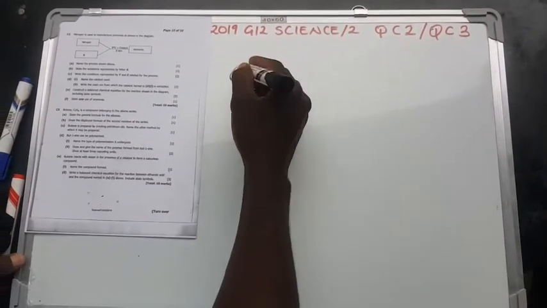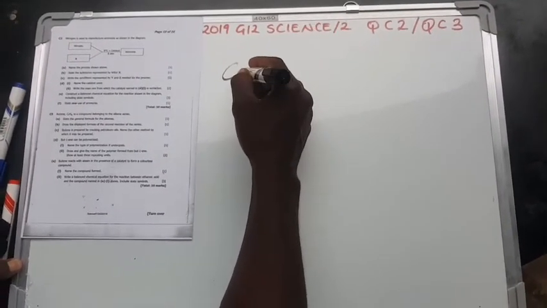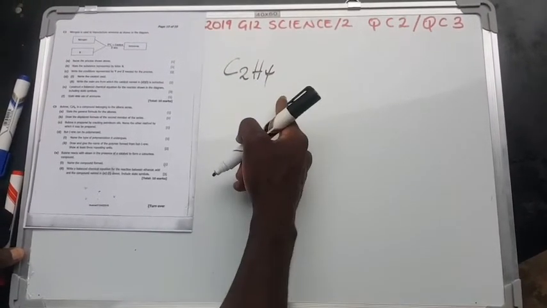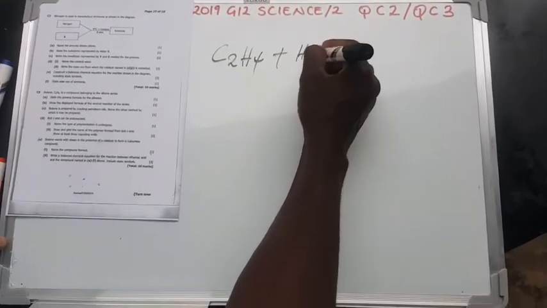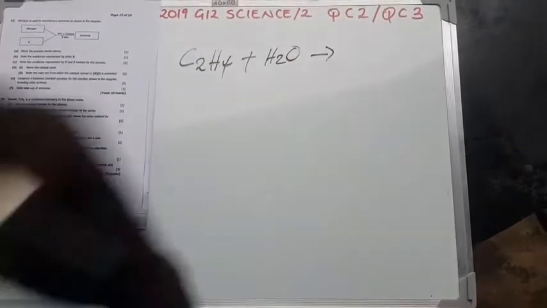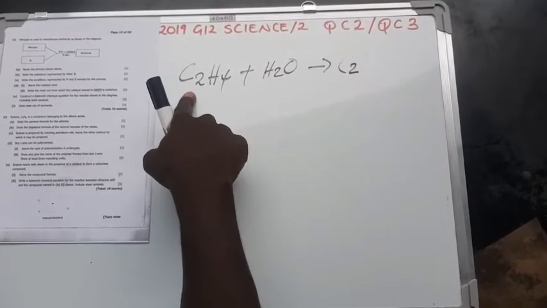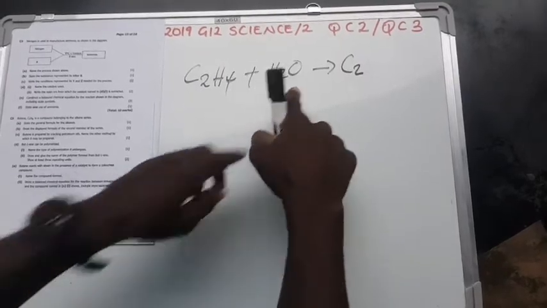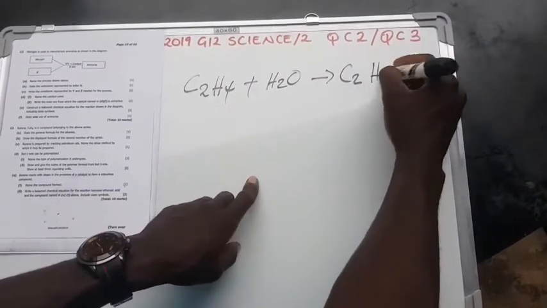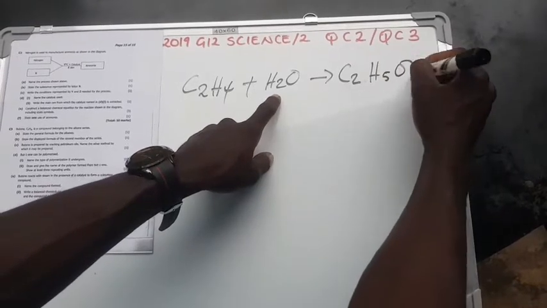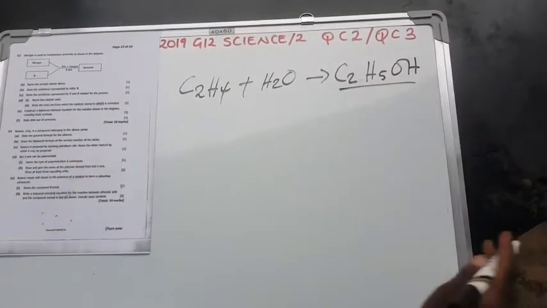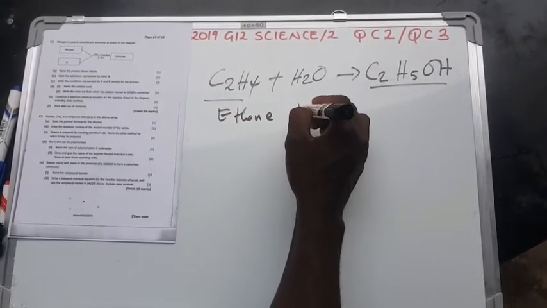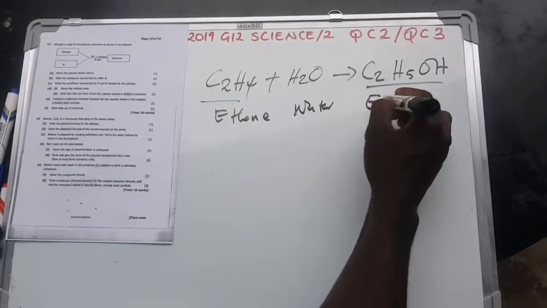If we have C2H4, that's ethene, and ethene reacts with water, we borrow one hydrogen there, we put it there, we are going to have C2H5, then we remain with OH. So we are going to form ethanol. So ethene plus water forms ethanol.